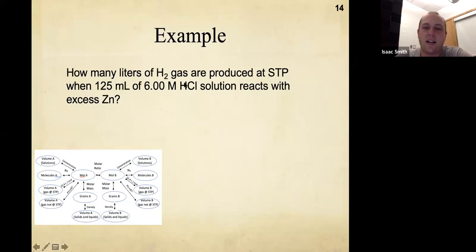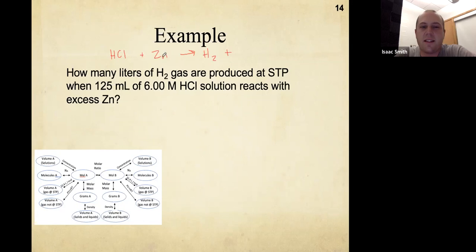So it tells us that hydrochloric acid reacts with excess zinc. So HCl is going to react with zinc. Zinc is a pure element, so it's just on its own. It's not diatomic or anything. And it already tells us that hydrogen gas is produced, so that gives us one of our products.